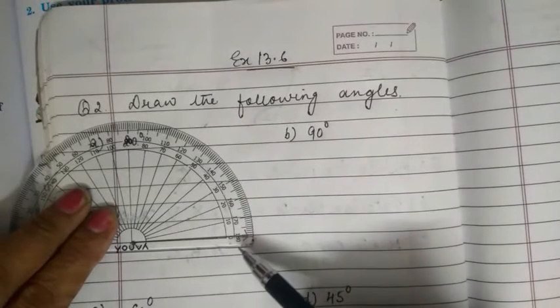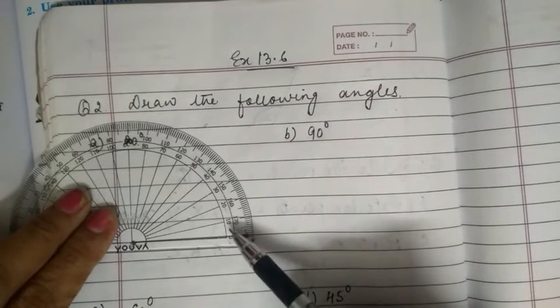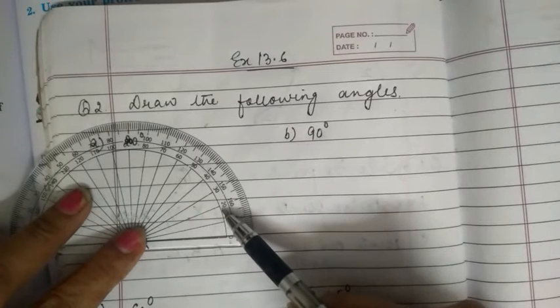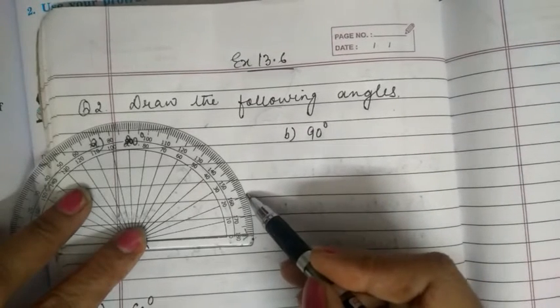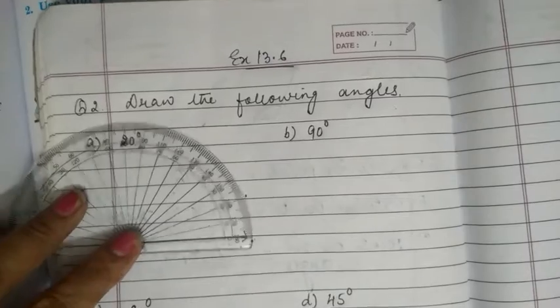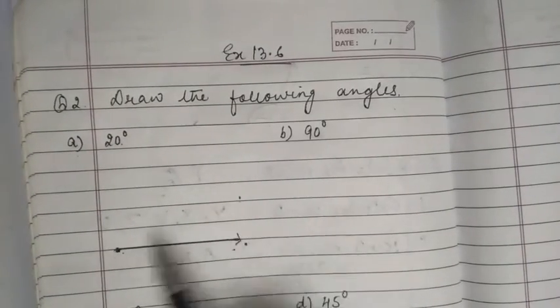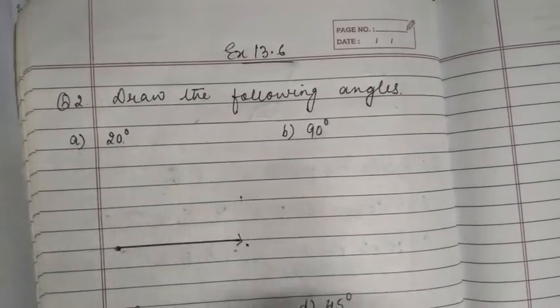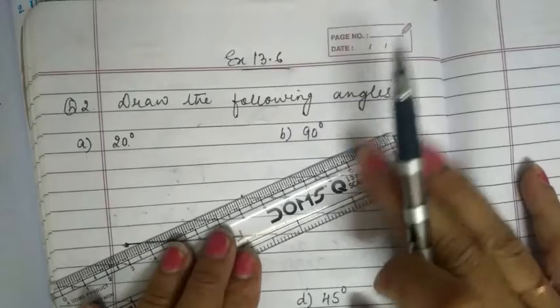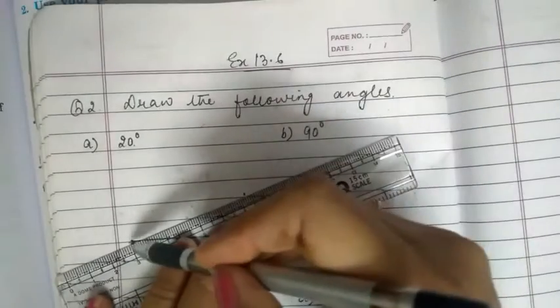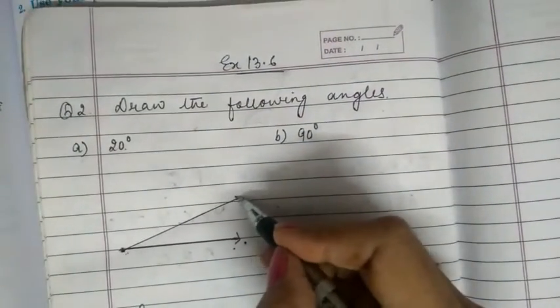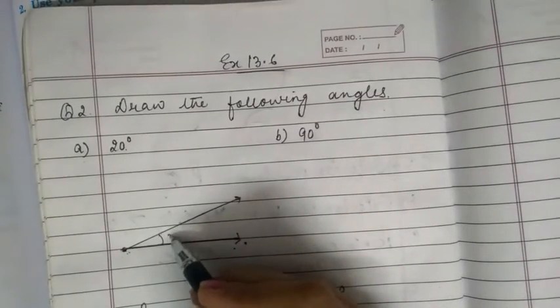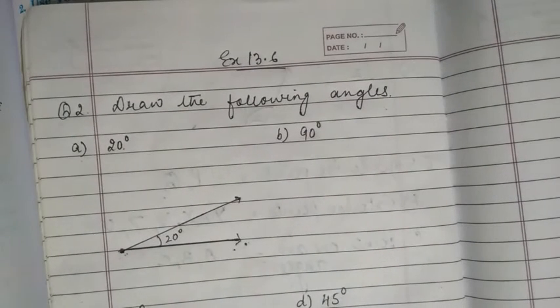So for 20 degrees, this is 0, this is 10 and this is 20. So we'll put a dot here. Okay, now join this point with this point. Clear? Now this is your 20 degree angle.